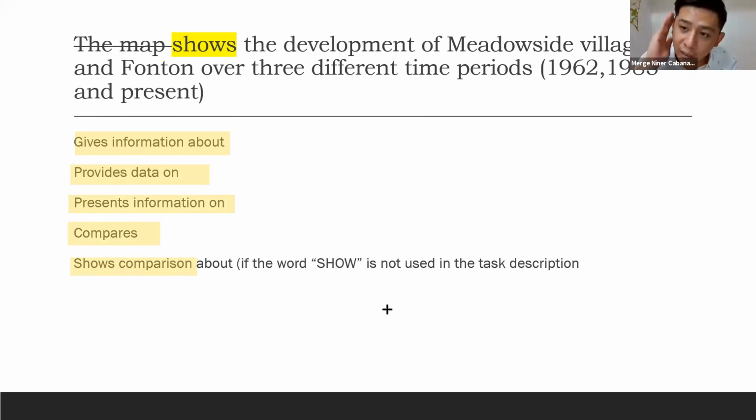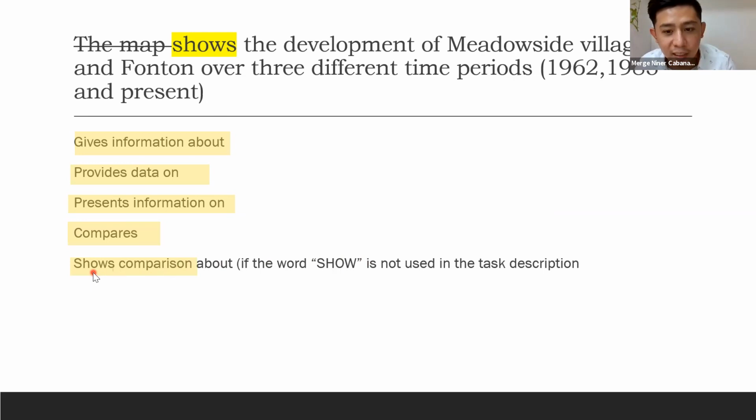If I use the illustration, I will use presents. If there are multiple maps involved, then I will use compares. But with shows comparison about, you have to be careful. If the word show is used in the task description, then we cannot use shows anymore.